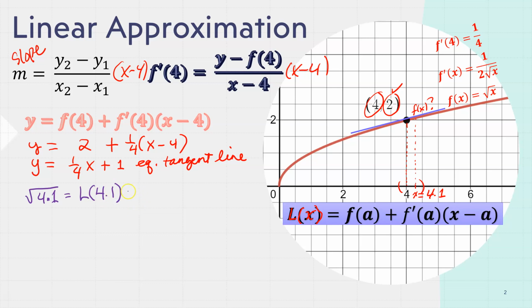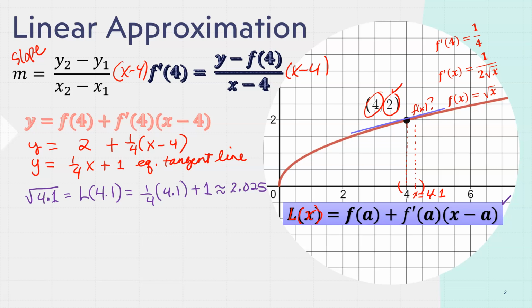The linear approximation is 1 over 4 times 4.1, plus 1. If we throw that into our calculator, we're going to get a value of 2.025. So that's using this linear approximation, or the equation of the tangent line, to approximate the square root of 4.1.